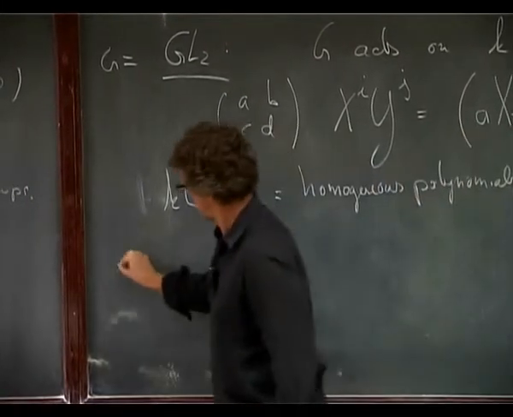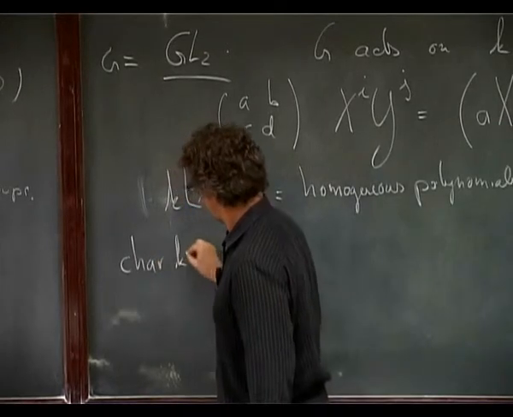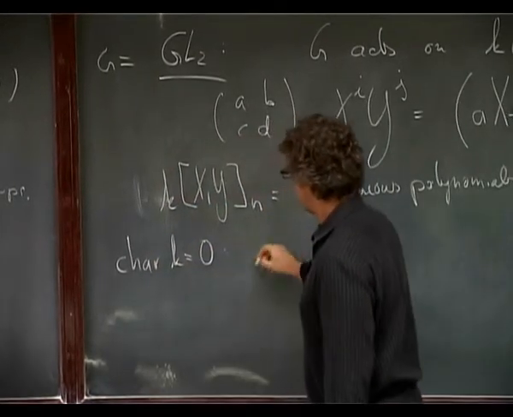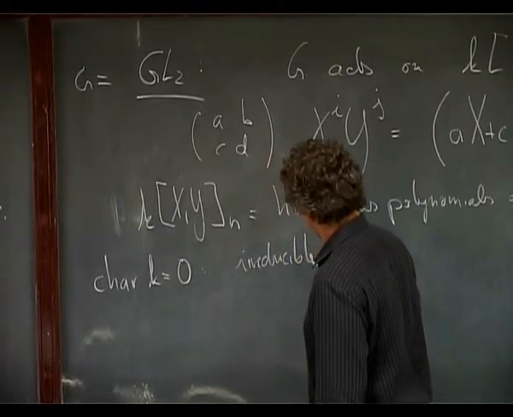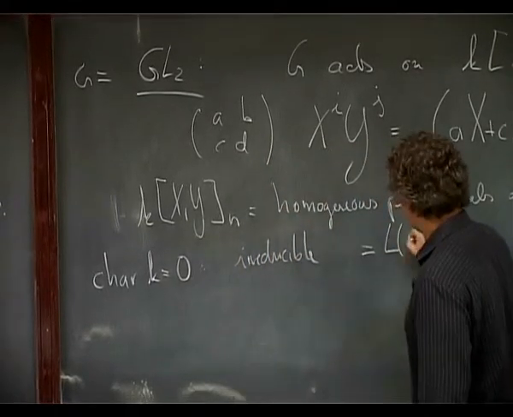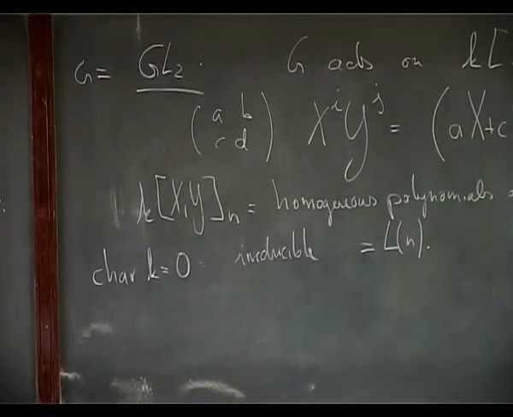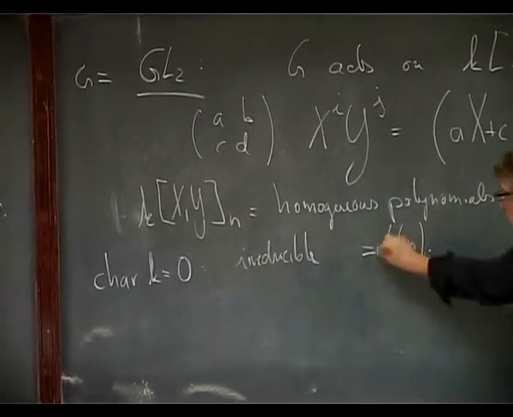So if the characteristic of the ground field is 0, then this is actually irreducible. And in this case, we call it L(n). So that is the definition.